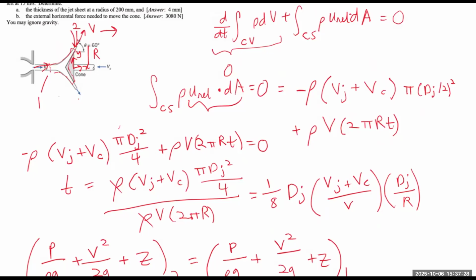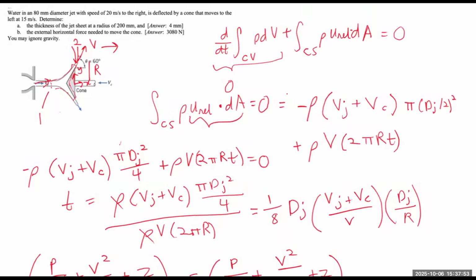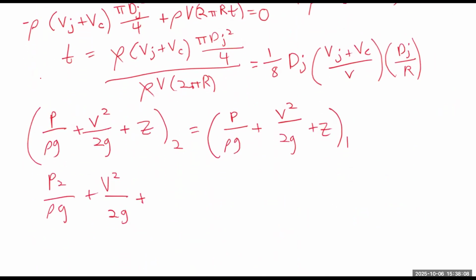That value is, I believe, this height over here, but we're not told gravity because it says you may ignore gravity. So that term is negligible, and we're just going to use Z2 equals 0.